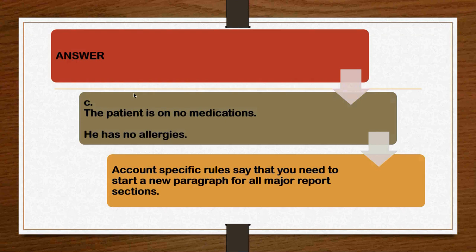You drop the little word and or but, and the reason for that is that our account specifics say that you need to start a new paragraph for every major report section, and that includes labs, diagnostic data. If you have a paragraph where they're going over lab data and they say a bunch of blood work and then they start talking about maybe a chest x-ray, start a new paragraph. If they start talking about the chest x-ray and then they say that the patient had a foot x-ray, start a new paragraph. These sections need to stand out so that the reader is able to see it easily.